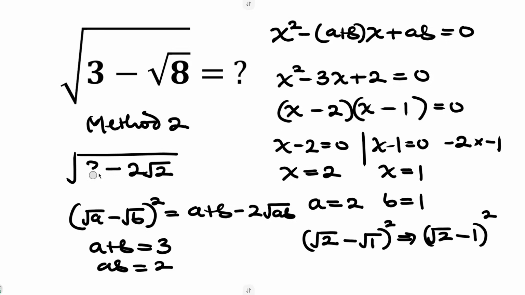So I'm writing the square root of 2 minus 1 all raised to power 2. Now see that this square root cancels out the square, leaving our final answer to be the square root of 2 minus 1.